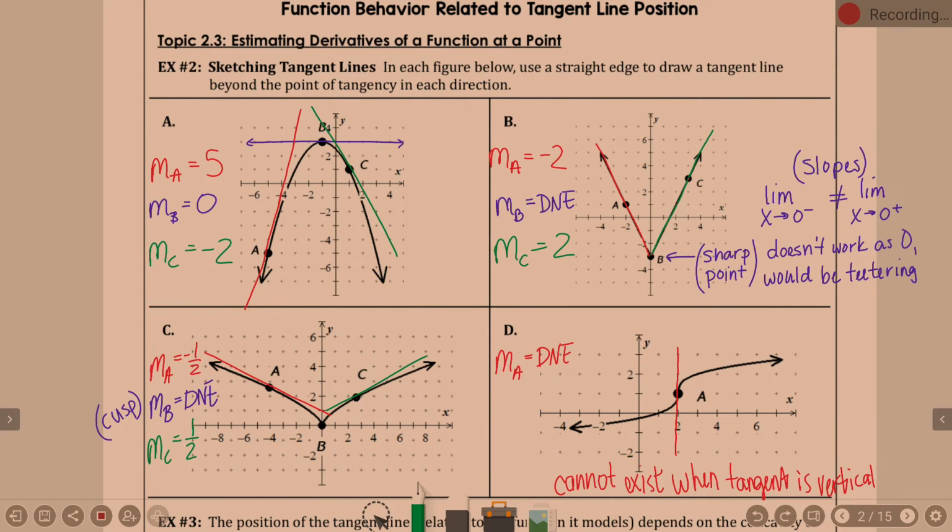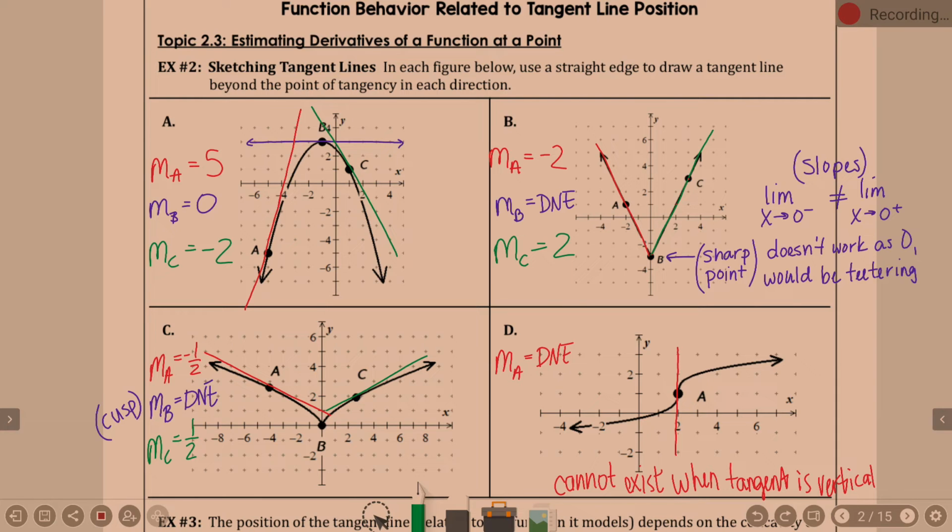Can you guys agree with that? The bowl is up, like this, then the tangent line is going to be down here. It's on the inside.